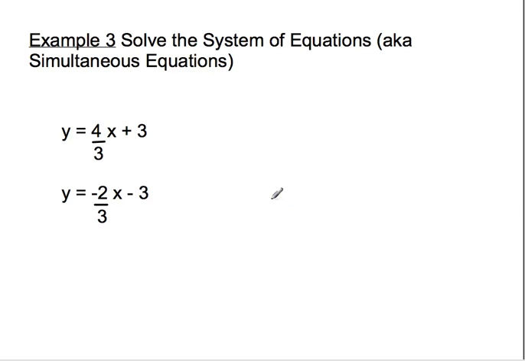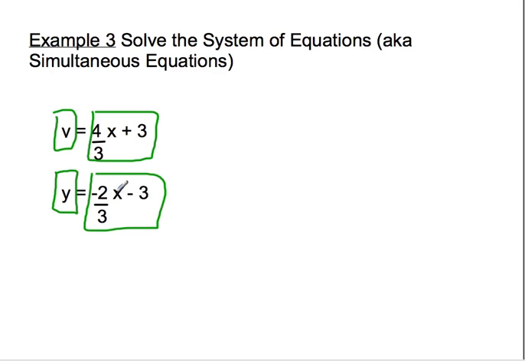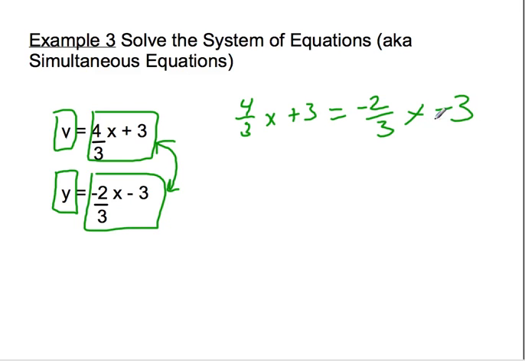And in this system, both of them are solved for y. This is y equals 4/3 x plus 3, and this is y equals negative 2/3 x minus 3. Because they're both equal to y, they are equal to each other at the point of intersection. So you can say 4/3 x plus 3 equals negative 2/3 x minus 3.